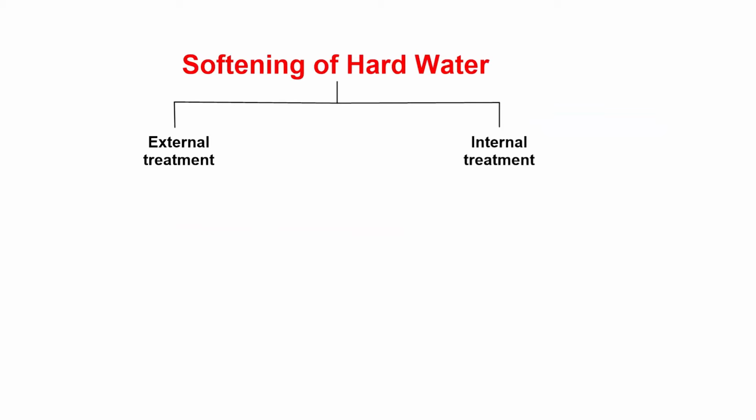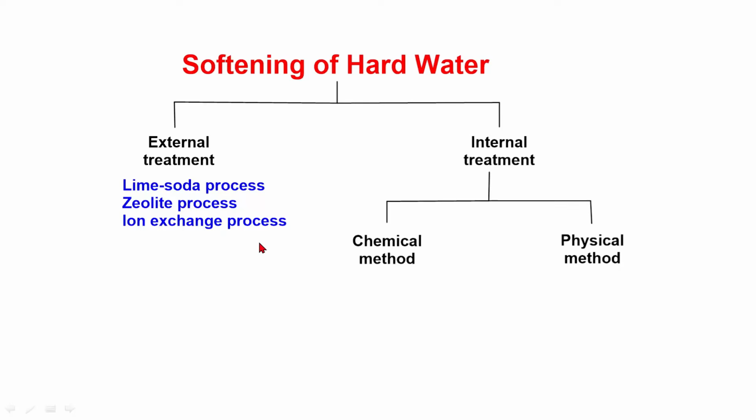Feed water to the boiler should be softened. There are processes to soften the hard water. These are external treatment and internal treatment. External treatment involves lime soda process, zeolite process, and ion exchange process.